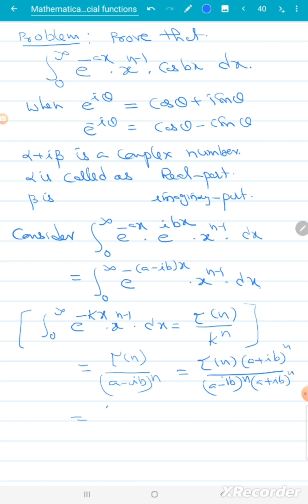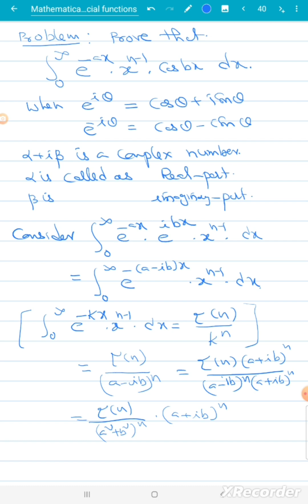So this is equal to gamma of n by (a plus ib) into (a minus ib), which is a square plus b square, to the power of n, into (a plus ib) to the power of n.